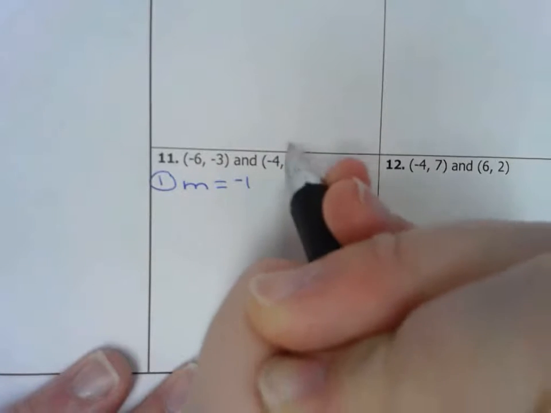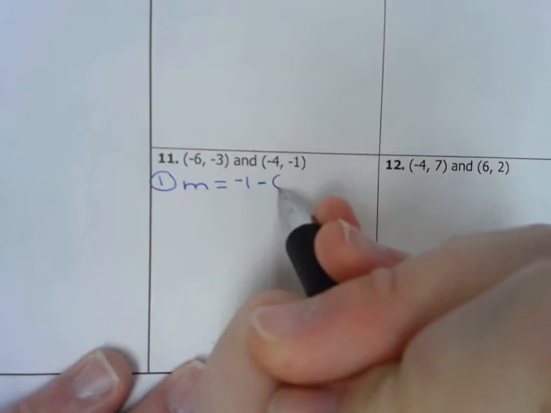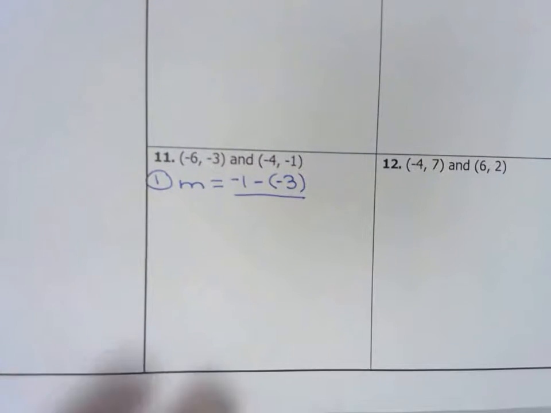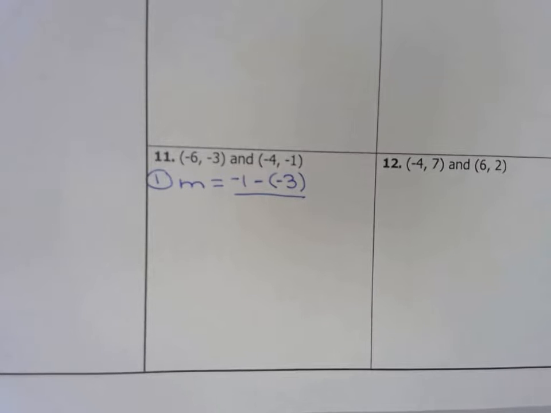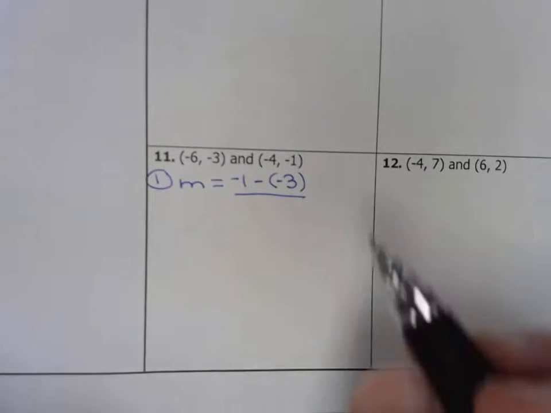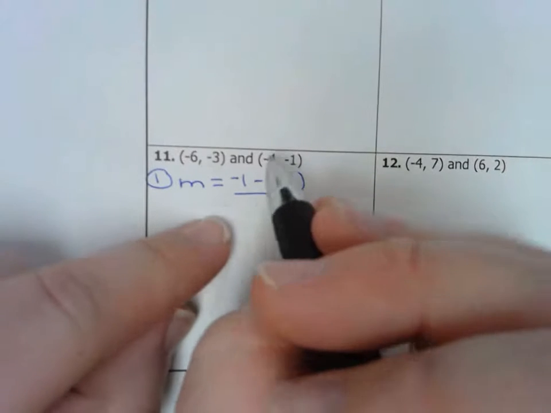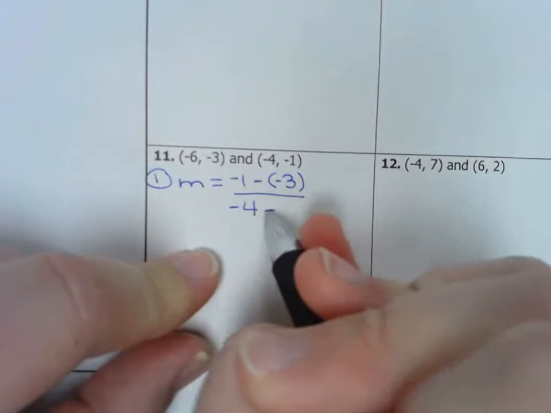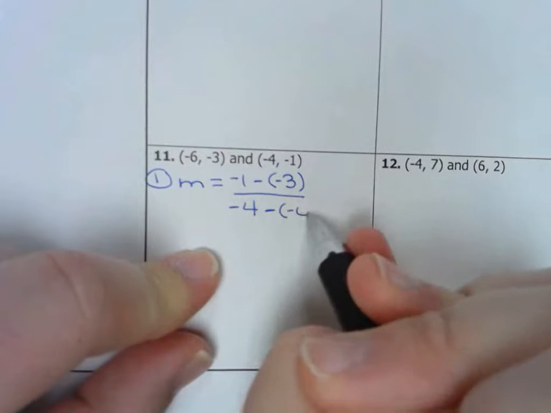It's the second y value. So I take the second y value, which is negative 1, minus the first y value, which is negative 3, over, check your negatives, the second x value, which is negative 4, minus negative 6.